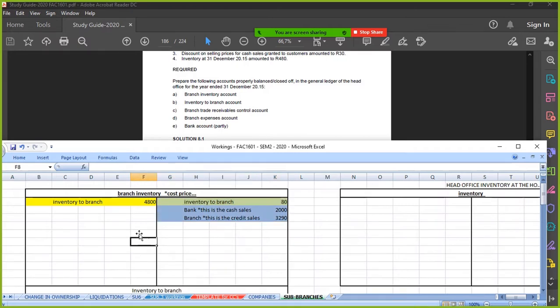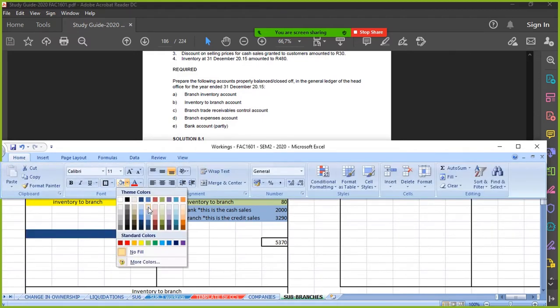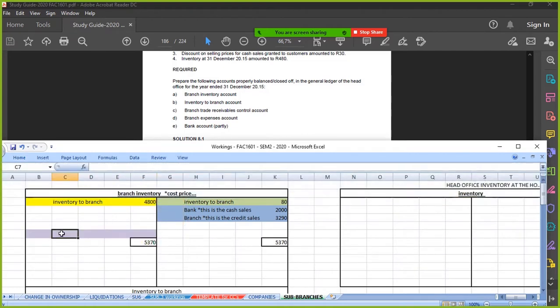So if you had to balance this account off, what are you going to have? Let's see, which side's bigger? This side looks bigger. No, this side looks bigger. 2 and 3 is 5. 5 is bigger than 4. Does that make sense? So if I had to balance this account off, what you get here is going to be the gross profit. They don't call it gross profit.